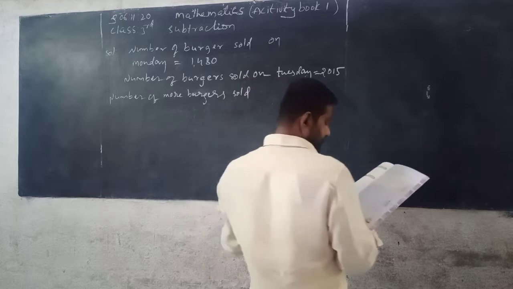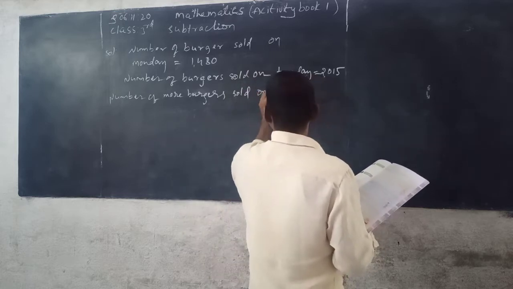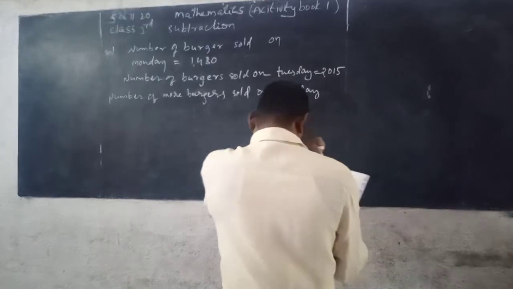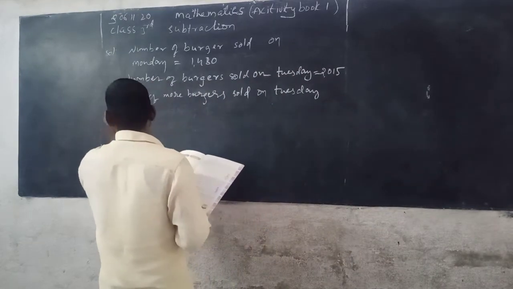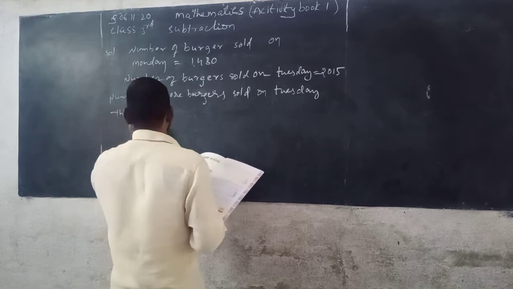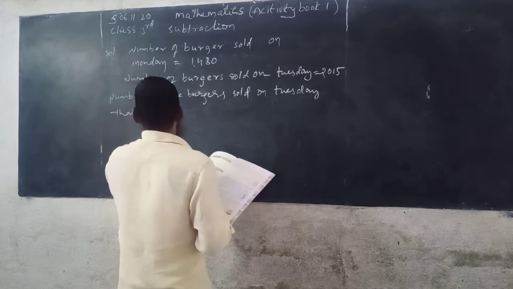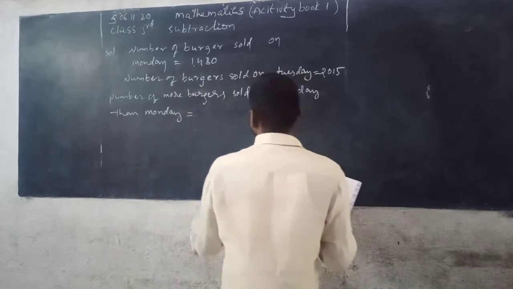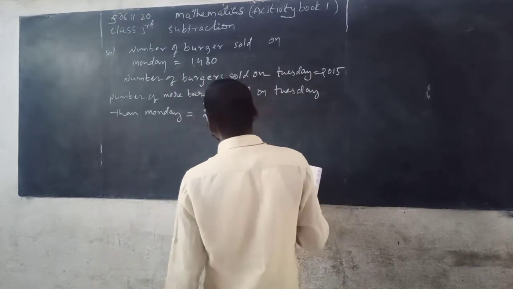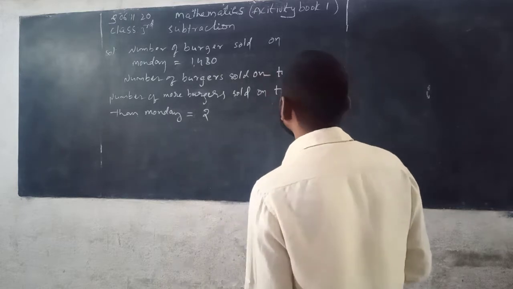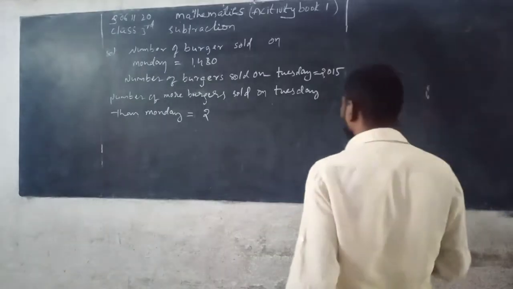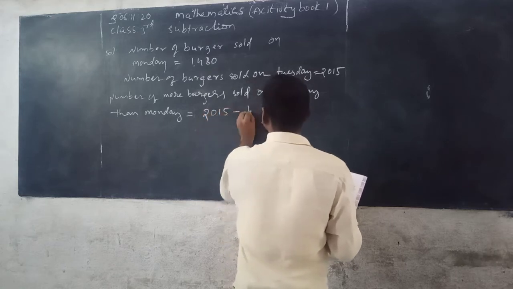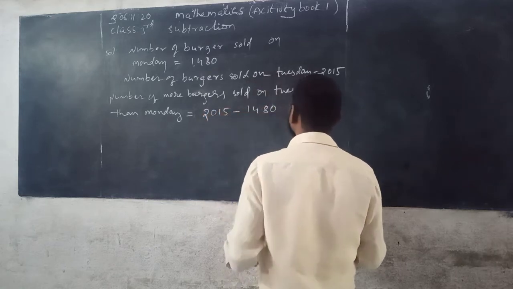That is equal to 1480 subtracted from 2015. So you can write 2015 minus 1480.